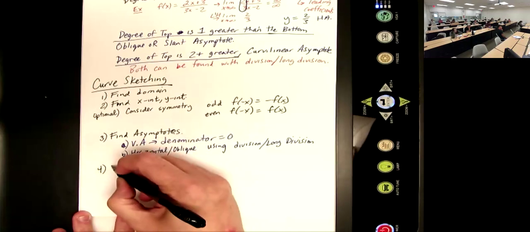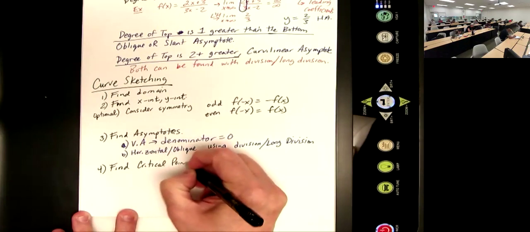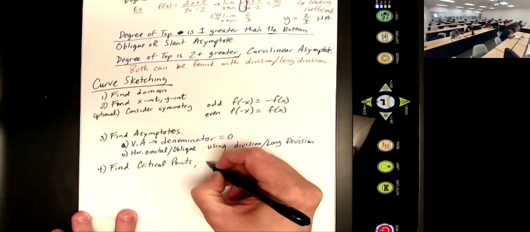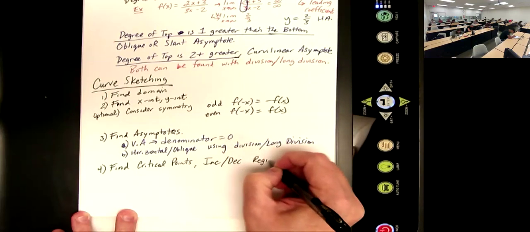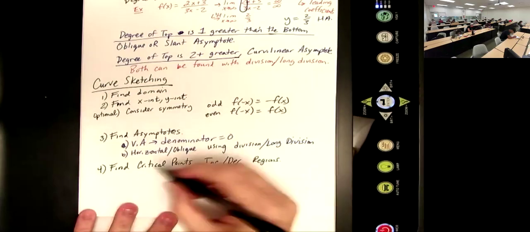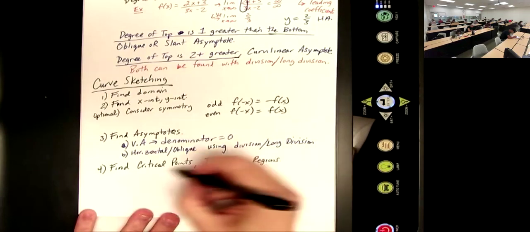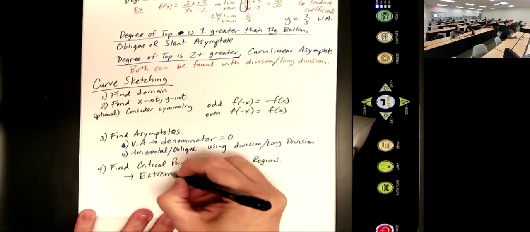Now we need our critical points, so find the critical points, regions of increasing and decreasing. That kind of helps us find our extrema, or max and mins.